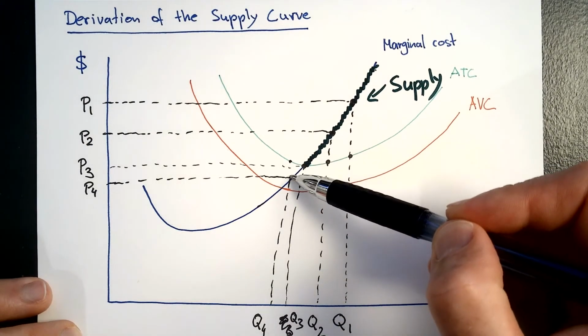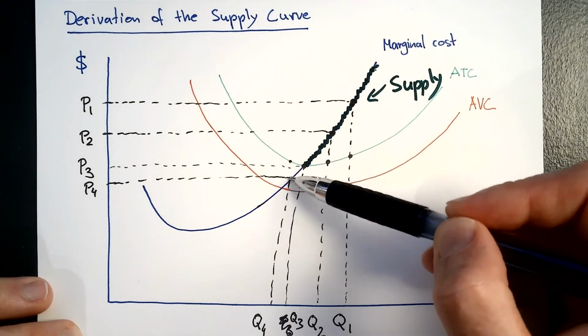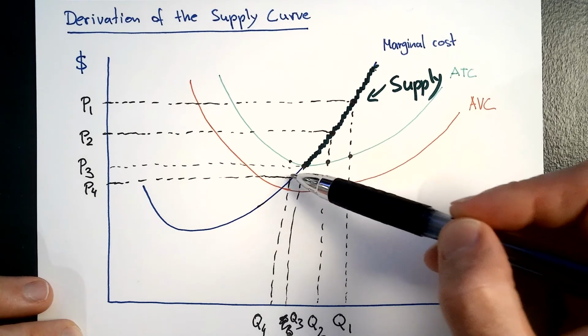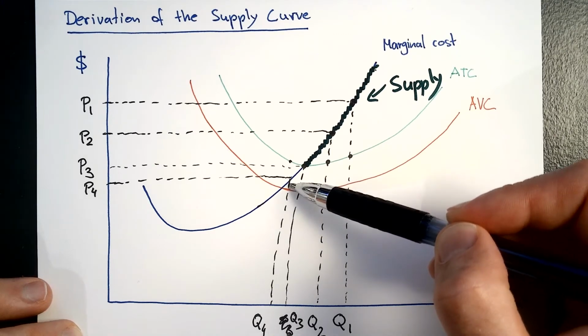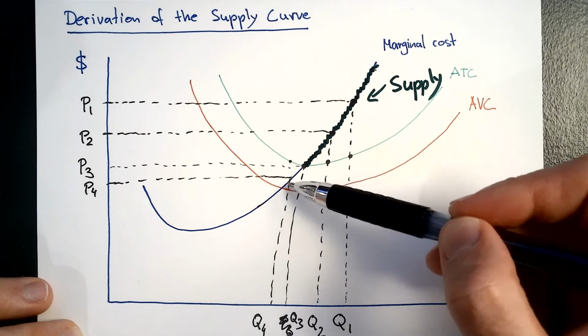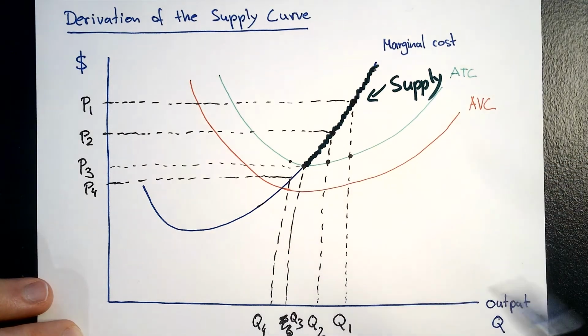But it covers the average variable cost, or the variable costs associated with production. And the surplus here goes to cover the fixed costs.